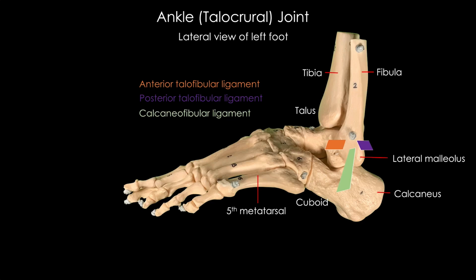Now what are the movements which occur at this joint? We have already talked about the movements at this joint, dorsiflexion and plantar flexion. For producing dorsiflexion, there is a list of muscles located in my anterior leg: tibialis anterior, extensor digitorum longus, extensor hallucis longus, and fibularis tertius.